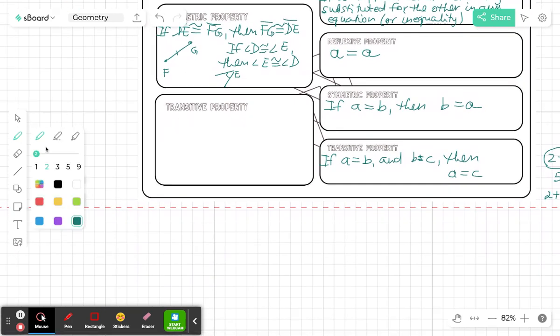My final property is the transitive property. So now here I will have to deal with 3 segments or 3 angles.